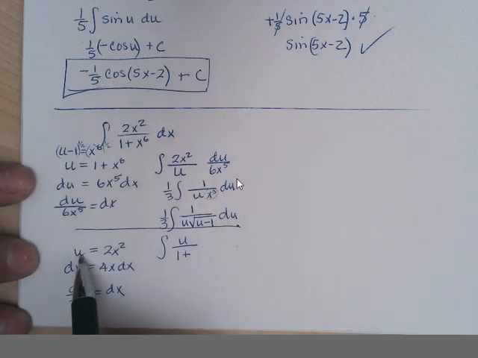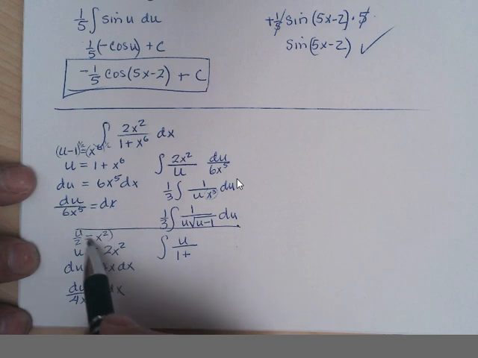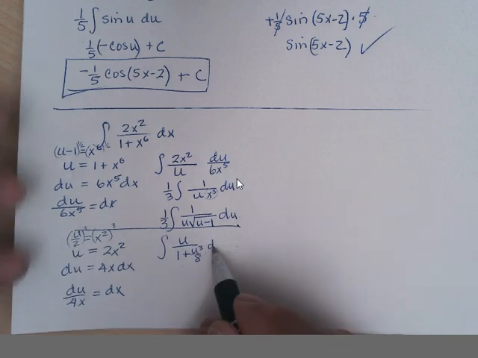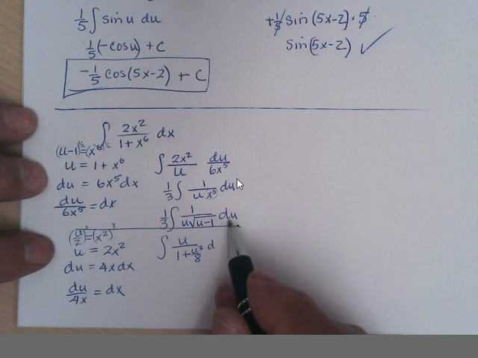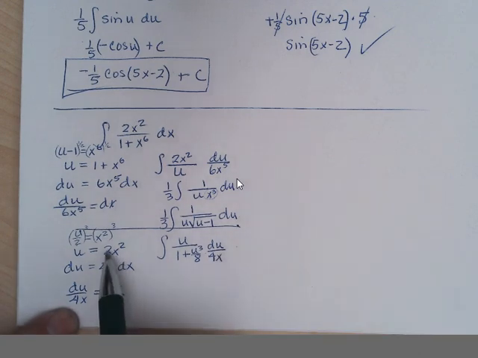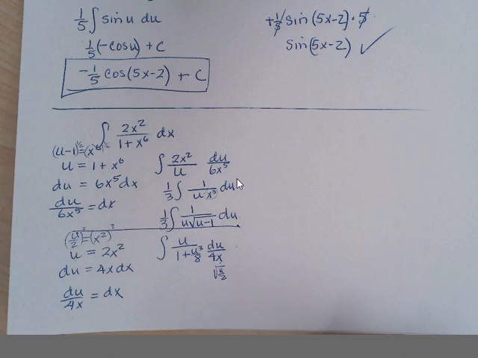So I could divide by 2, and I'd get u over 2 equals x squared. And to get x to the 6th, I'd have to take both sides to the 3rd. And I would get u to the 3rd over 8. And dx would be du over 4x. So I'd have to solve for x in here, so divide by 2 and then take the square root. So the x would be the square root of u divided by 2, and this is getting worse.